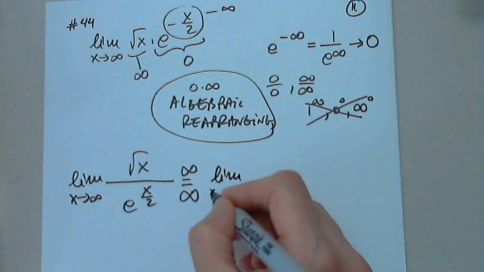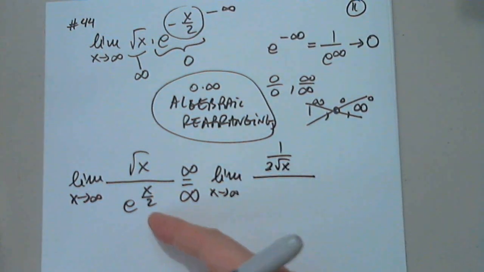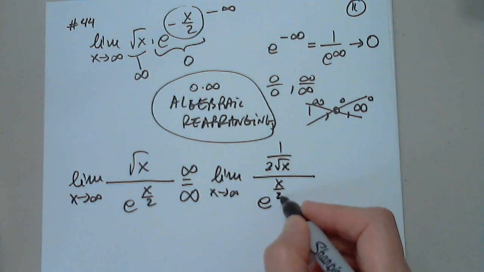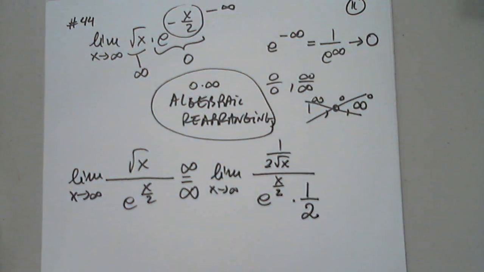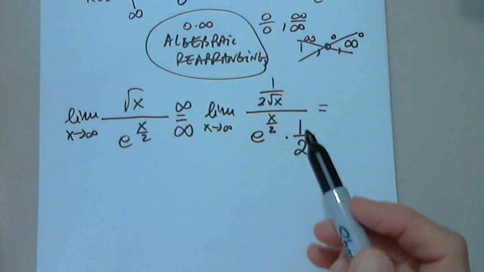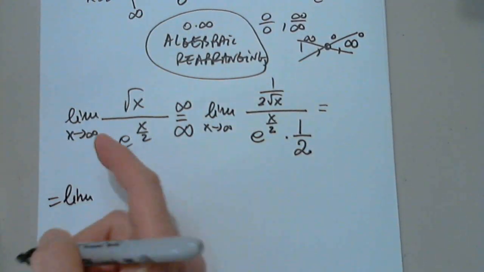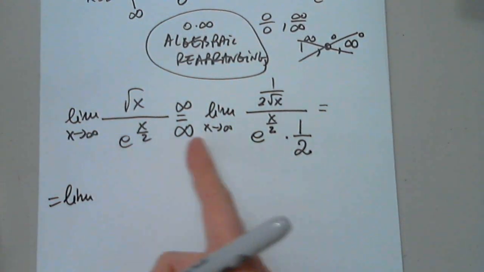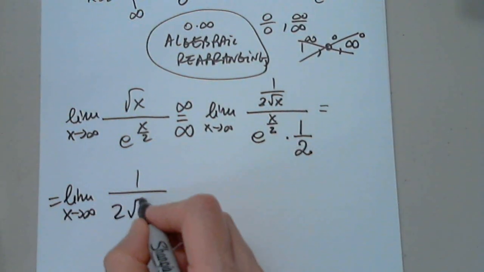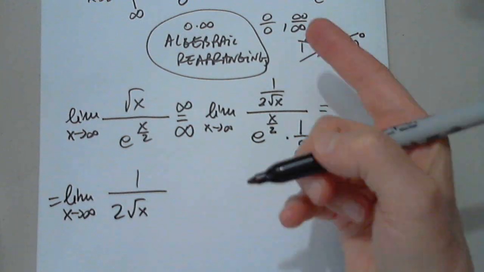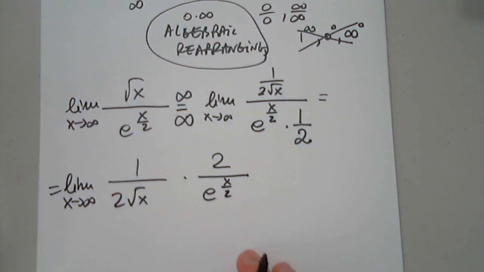So then limit as x approaches infinity, 1 over 2 the square root of x over e to x over 2 times the inner function prime. So at this point, the numerator, let me write it one more time. Do not drop the limit operator. We have not applied it yet. X approaches infinity. So this is 1 over 2 the square root of x. This flips to the numerator over e to x over 2.